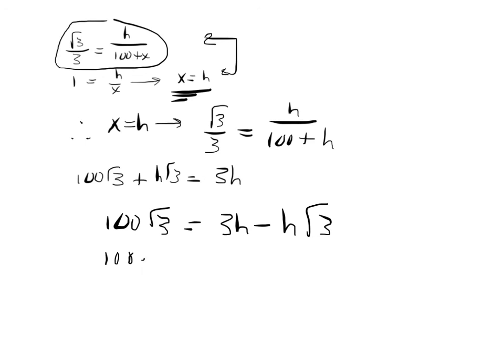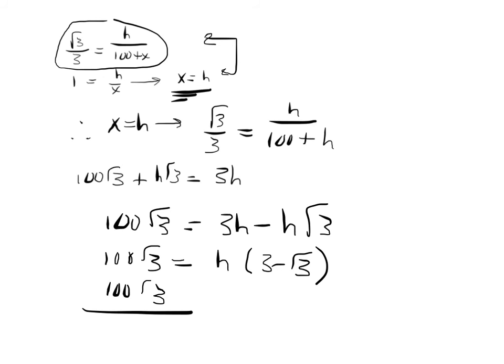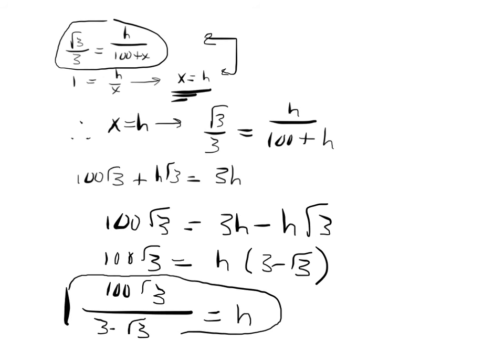Factor an h out, 100 root 3 equals h times 3 minus root 3, and then divide each side by 3 minus root 3. So 100 root 3 over 3 minus root 3 equals h. And if I want, I could go on my calculator and get a decimal approximation for that height in feet of my mountain.